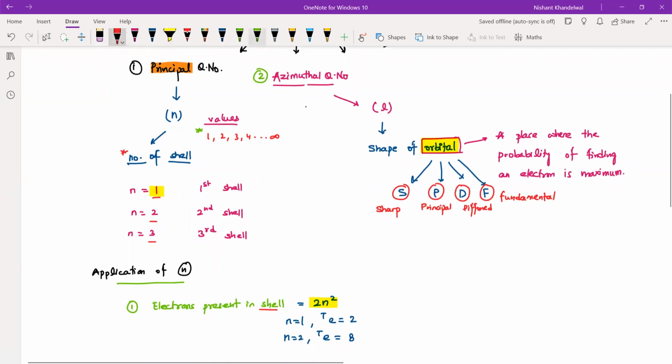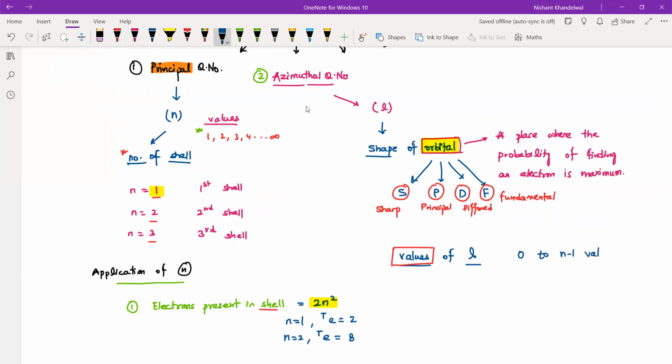Now we will discuss the values of l, the azimuthal quantum number, which tells the shape of the orbital. Basically, l can have values from 0 to n minus 1.